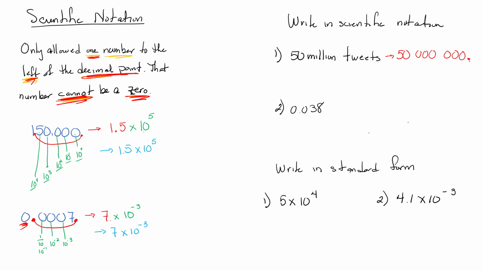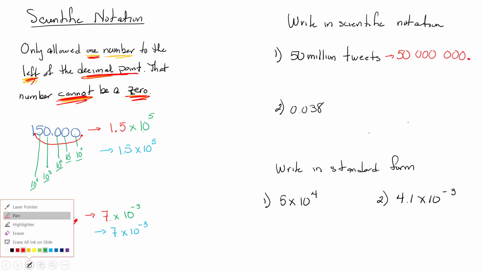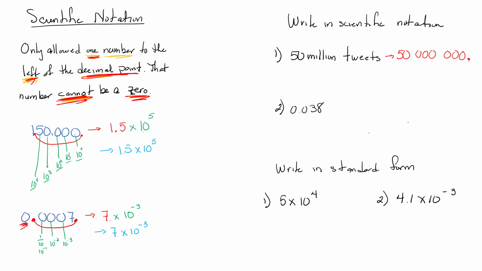Well, you know as well as I do, I got too many numbers to the left of that decimal point, so let's see if you follow along with what I'm going to do. 1, 2, 3, 4, 5, 6, 7. I skipped 7 places of 10, and because I went to the left, these numbers, these powers, get larger.